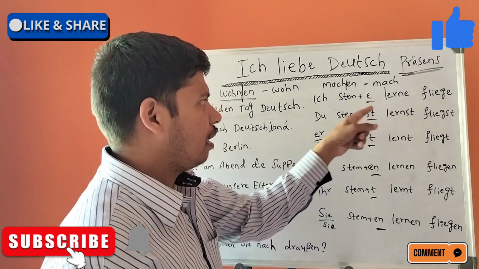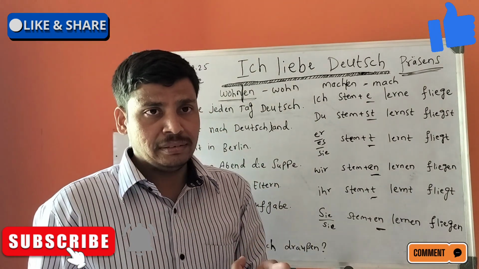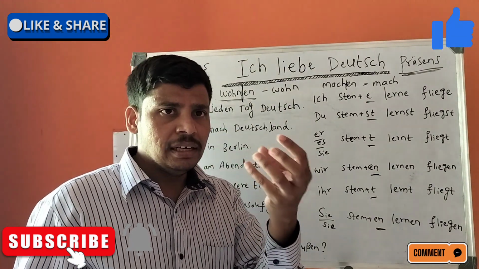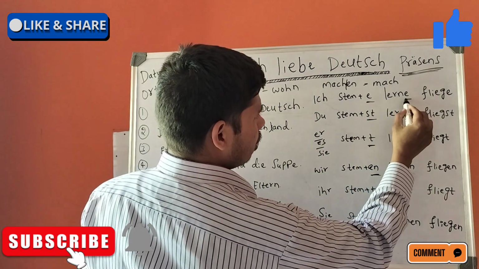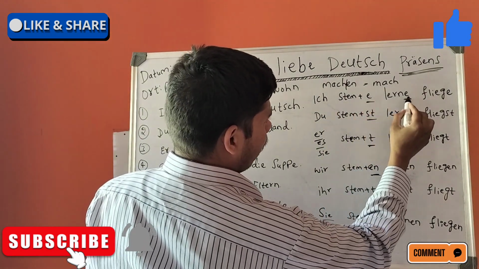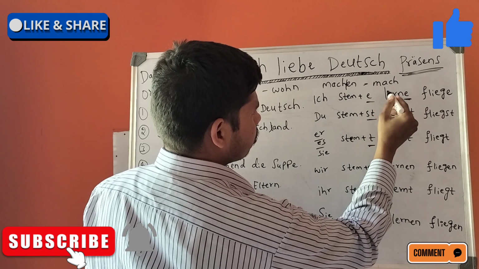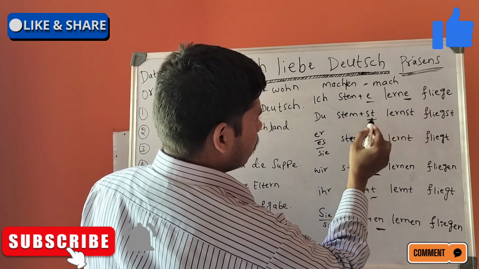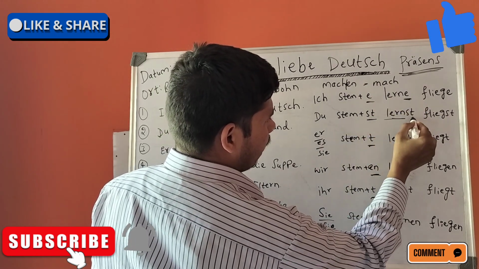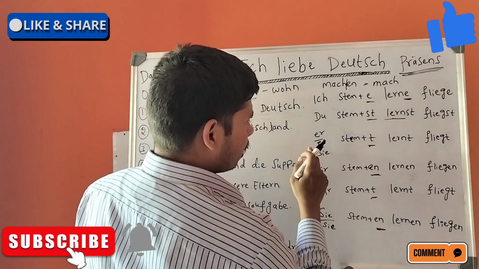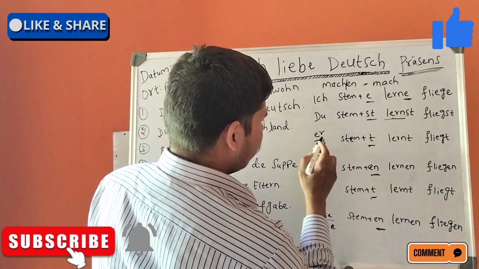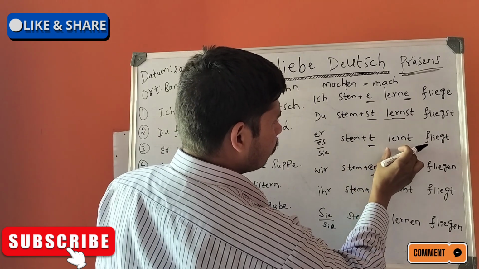For example, lernen is to learn. If I remove en, lern becomes the root word. For that root word, I added just e, so it became ich lerne. Then stem plus st: lern is the root word, st is the ending, lern plus st, du lernst. For er, sie, es, stem plus t, lernt. For wir, lern plus en. For ihr, stem plus t, lern plus t.